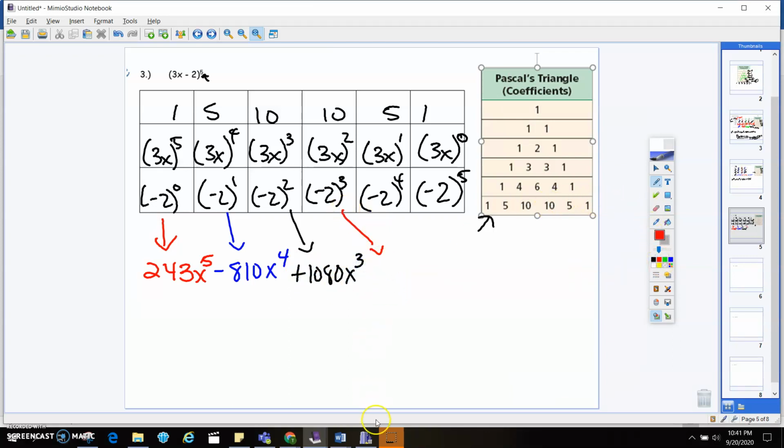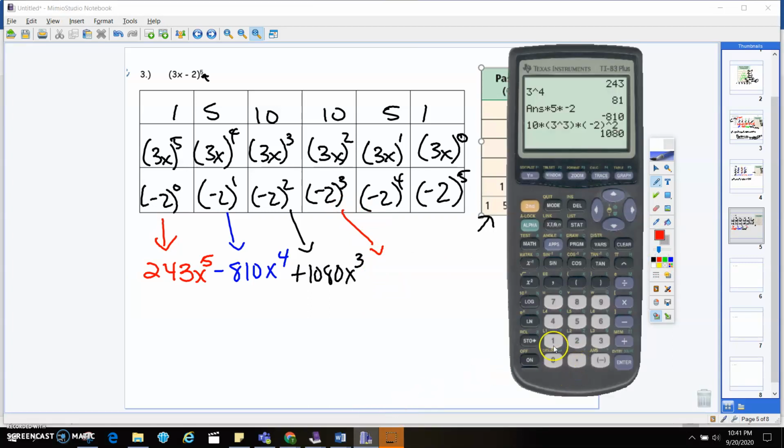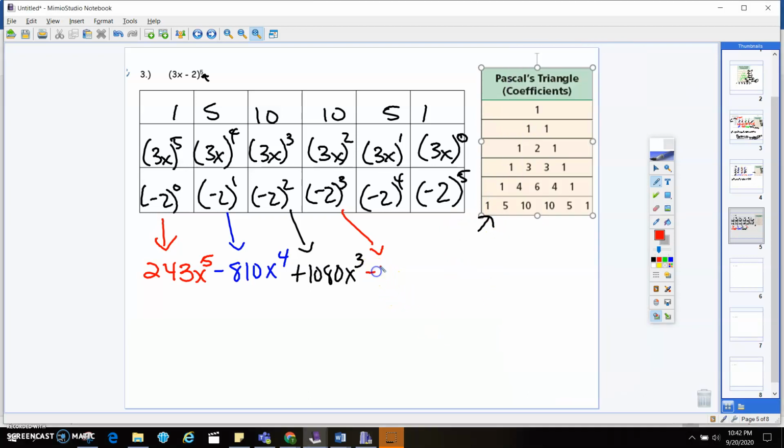And then we've got, and again, use those calculators, 10 times 3 squared, use the parentheses, times negative 2 raised to the 3rd power, and that's negative 720 x squared.